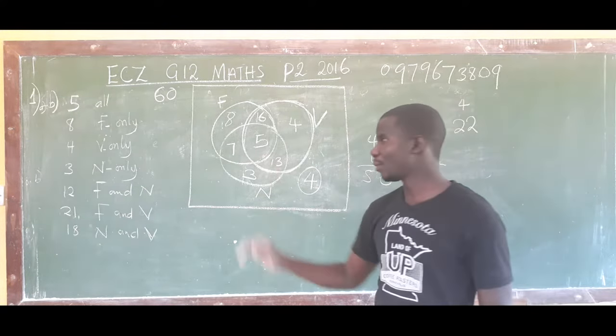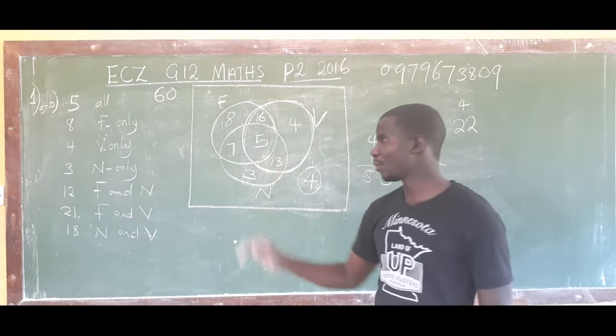Then we have 5 comma 0.63. So this is 1, 2, 3, 4, 5, then 1, 2, 3.